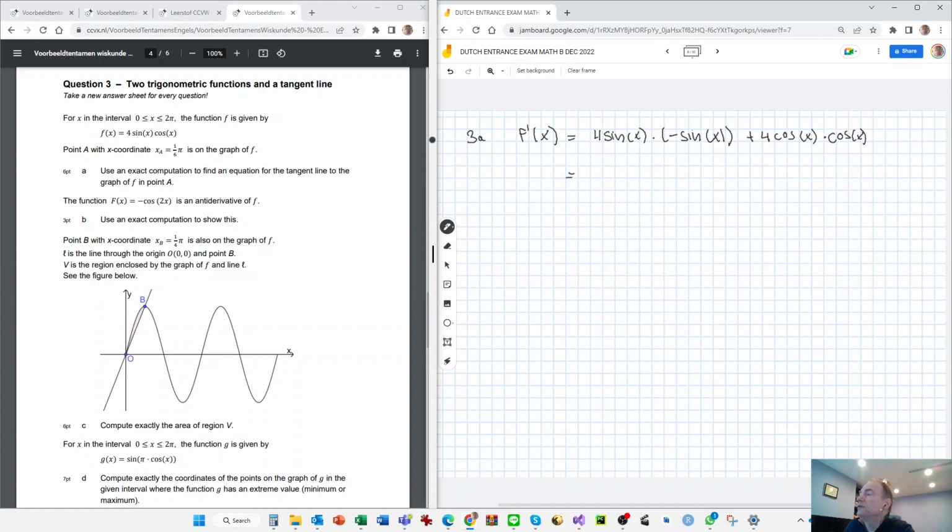So that's minus 4 sine squared of x plus 4 times the cosine squared of x.